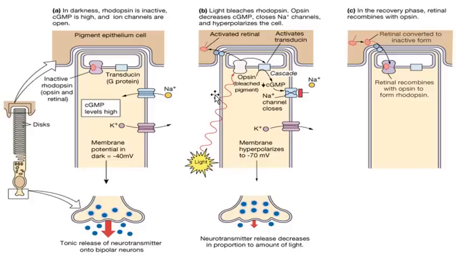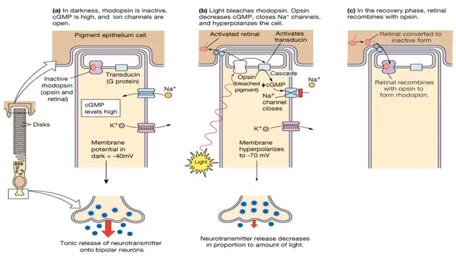Then there's the light, and the light acts on rhodopsin. They call it bleaching. It bleaches the pigment, and the opsin changes.